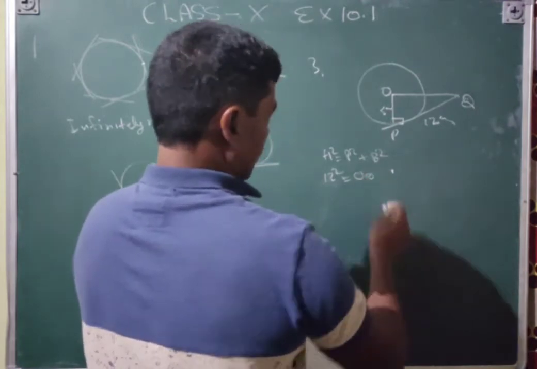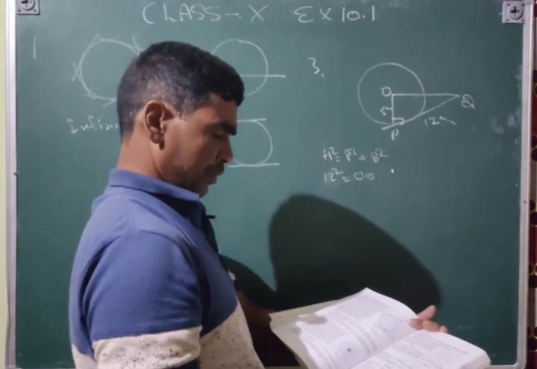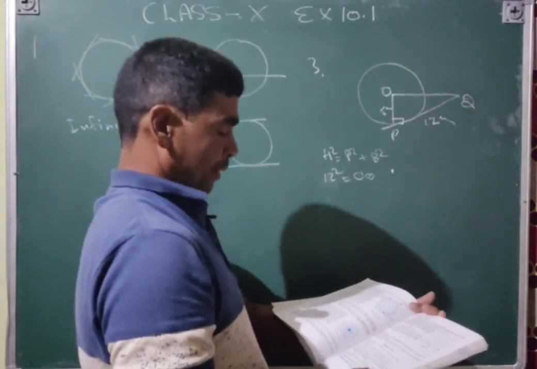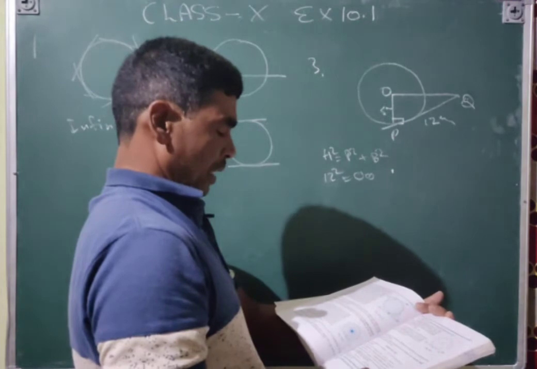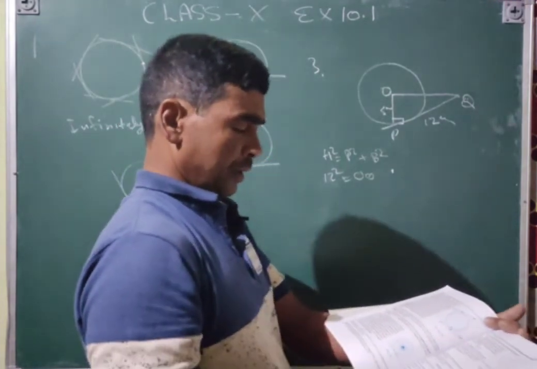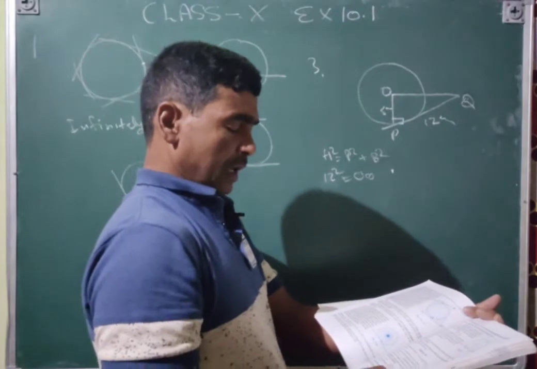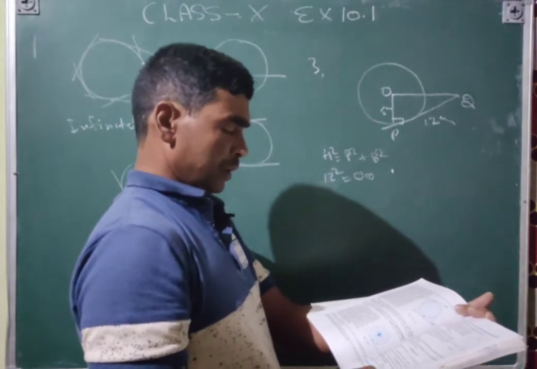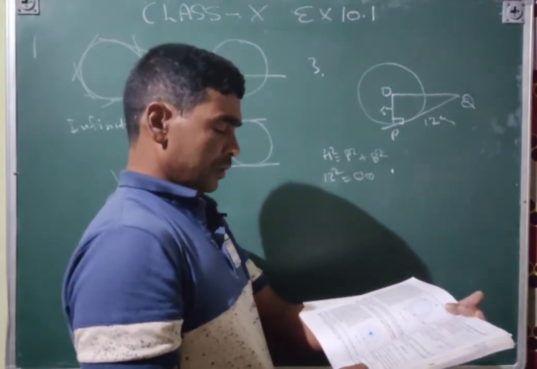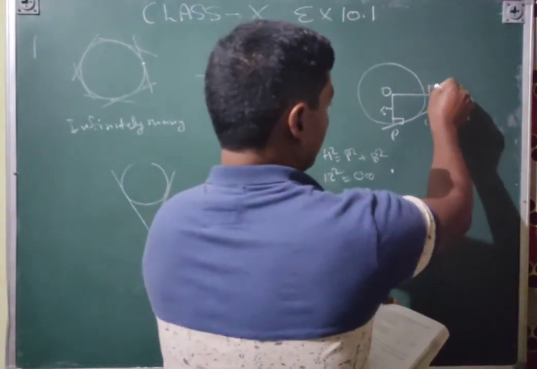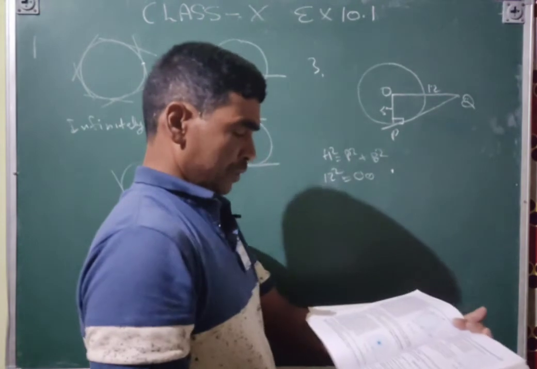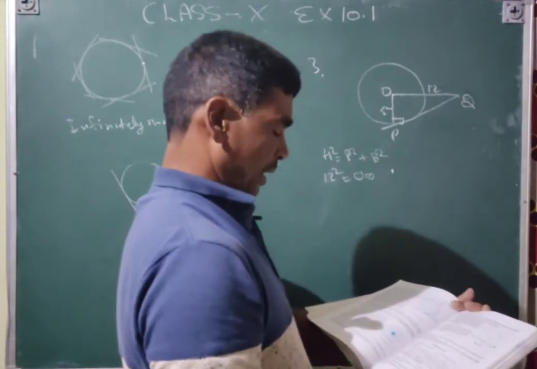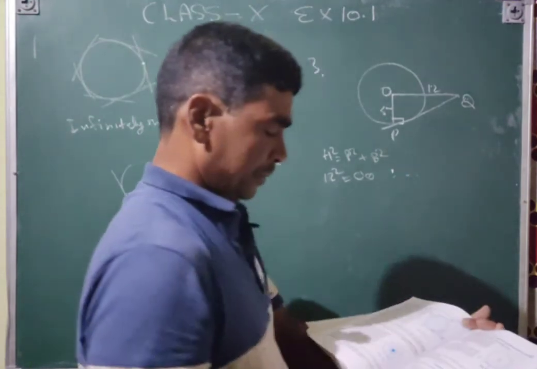We need to find the length PQ, a tangent PQ at a point P of a circle of radius 5 cm and the line through the center O at the point Q, so that OQ is equal to 12 cm. We need to find the PQ length.